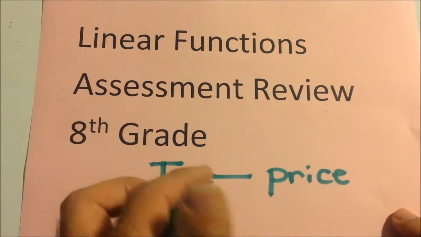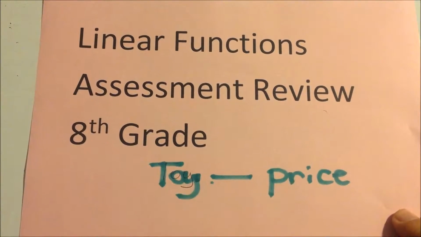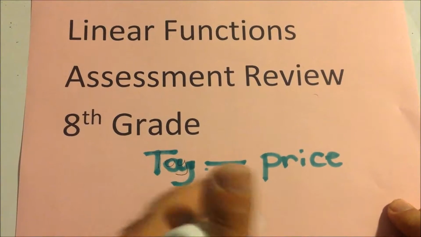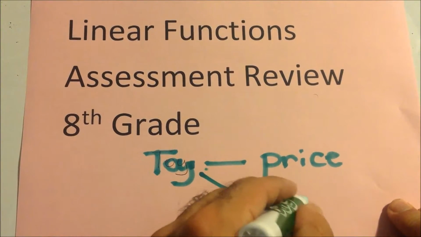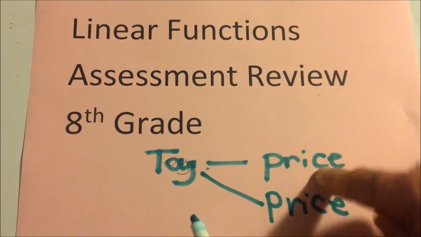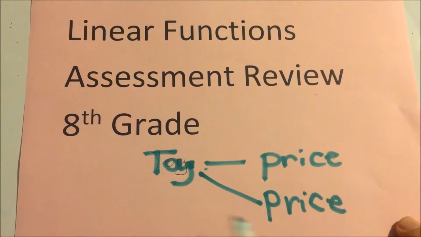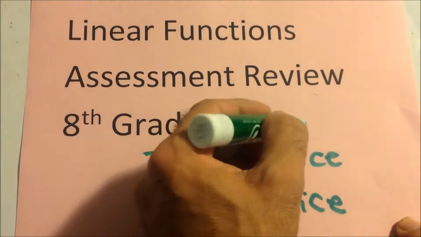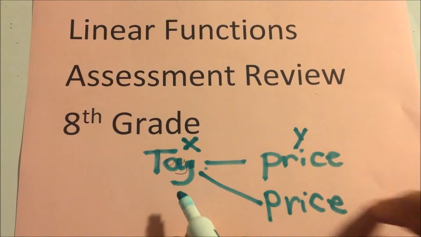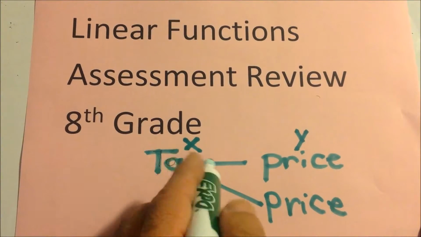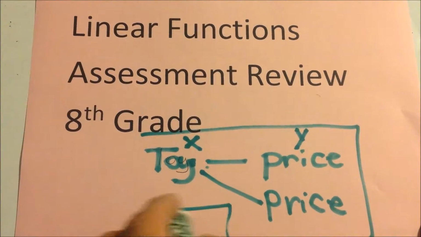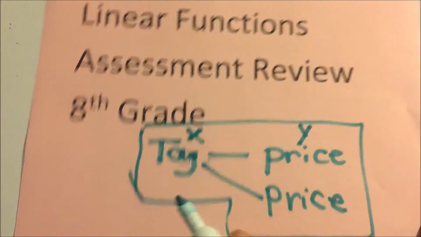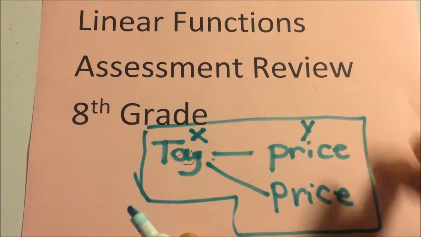If you go into the store, let's say it's a toy truck, and it has two different prices, and it's the exact same thing, you would question that, right? So for a function we'll call the toy X and the price Y, or the cost. As you can see, this wouldn't be a function because the same item has two different prices, so it doesn't make sense. And that's how we'll deal with functions.